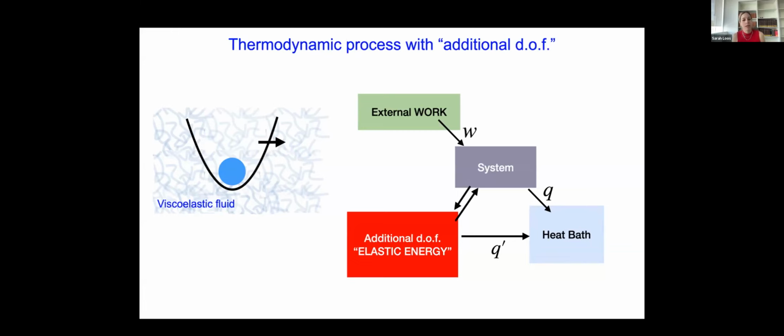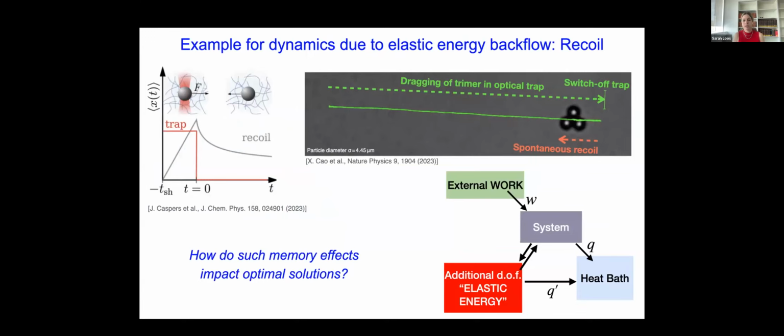And if you move the particle through it, you actually distort this network. And that's like charging a spring. And so this energy can be transferred back to the particle, at least partially. However, the energy can also be dissipated to the heat bath immediately. And that kind of energy is then, of course, lost for our process. So if you want to optimize things, you would ideally want to optimize the amount of energy that you lose.